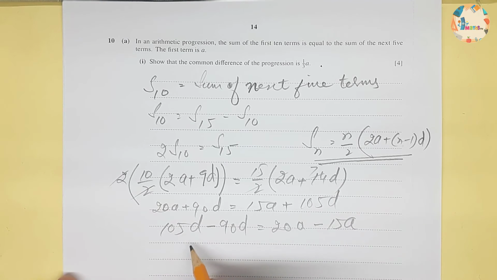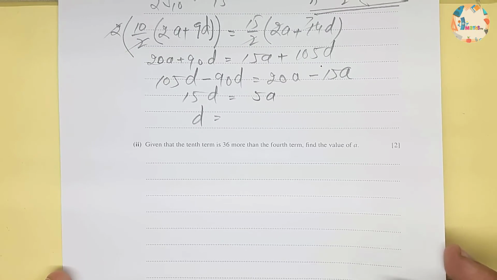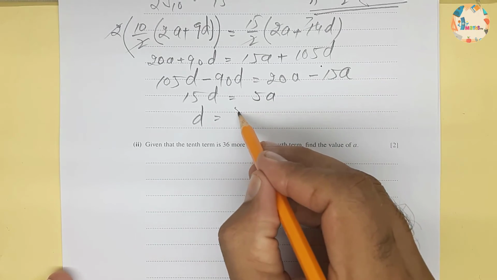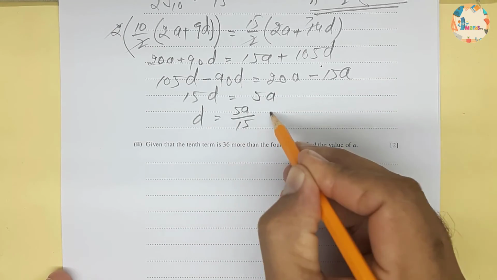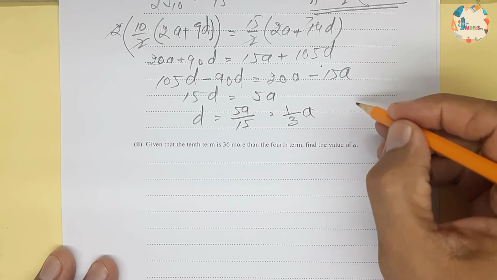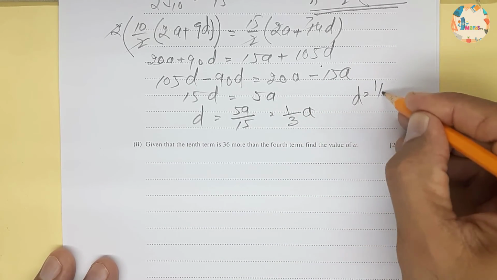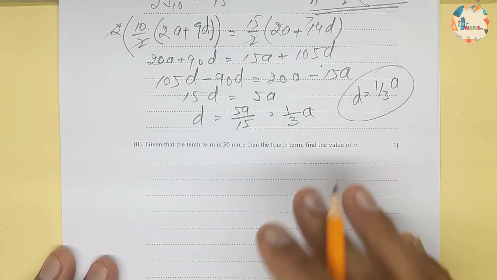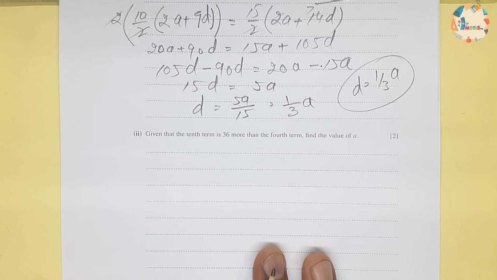So this will give us 15d is equal to 5a. So d is equal to 5a over 15, which is equal to 1 by 3a. So d is equal to 1 by 3a. This will be our answer for this one.